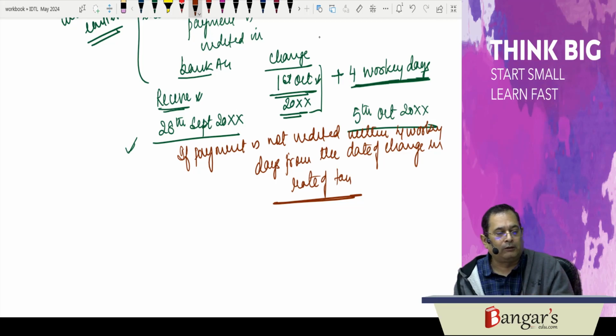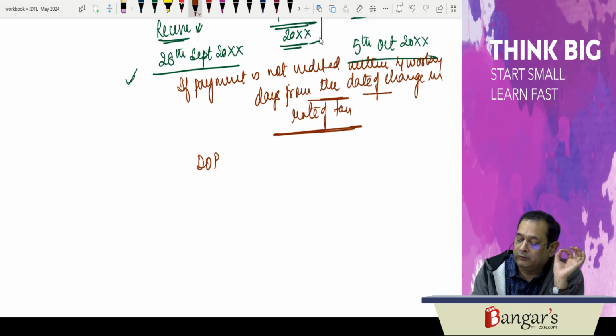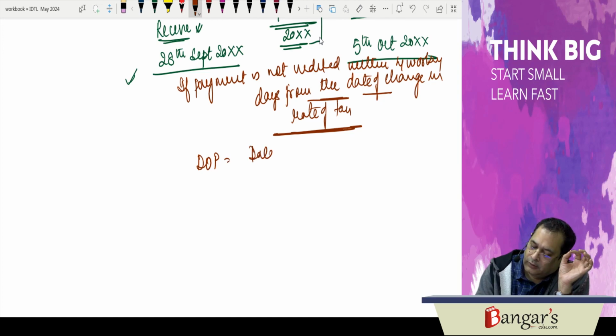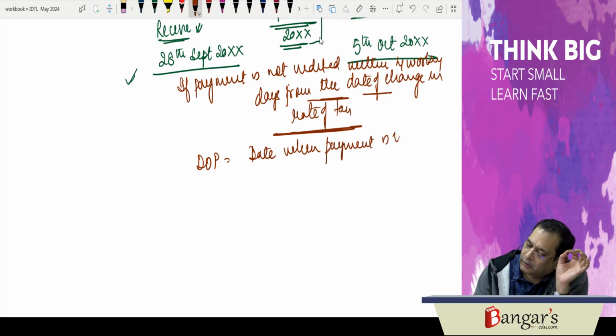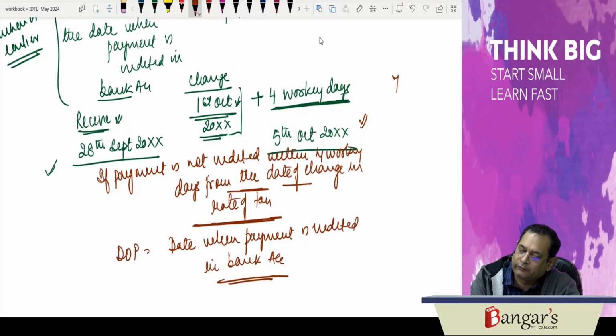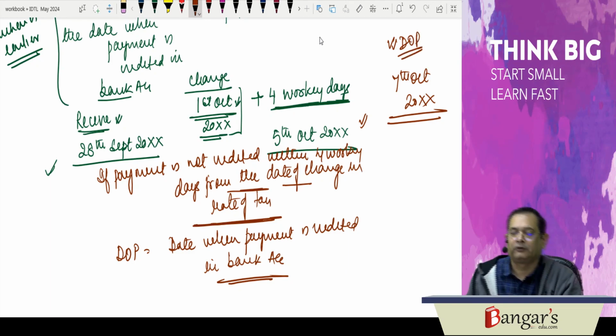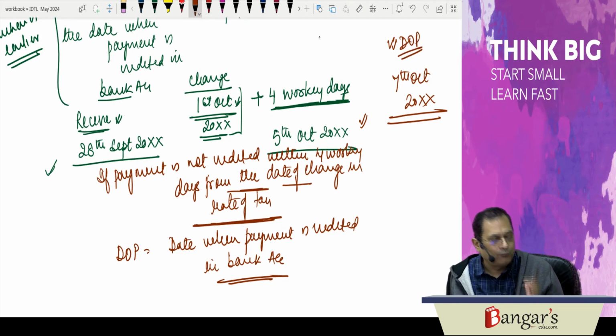If payment is not credited within 4 working days, then date of payment will be what? 4 working days from change in rate of tax, not from the date when you enter in the books. Date of payment will be the date when payment is credited in bank account. Now here, say for example, it is credited in the bank account on 7th of October. Whether it takes place within 4 working days? No. Then date of payment in that case will be 7th of October.